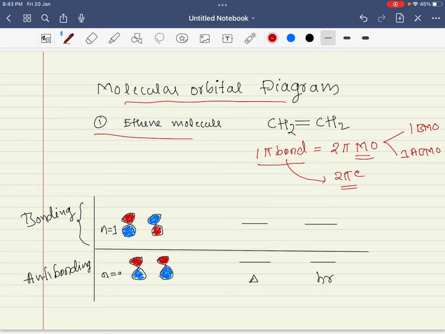When we put this entire information diagrammatically, we'll get this. Look at here, there are 2 pi molecular orbitals, this one and this one.